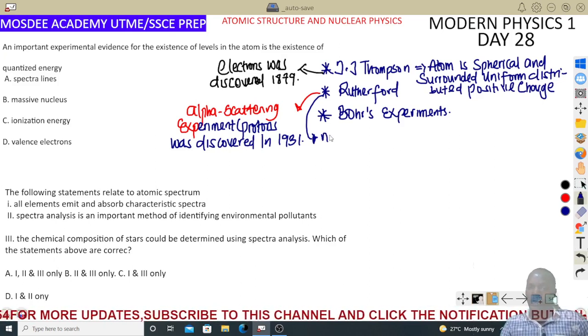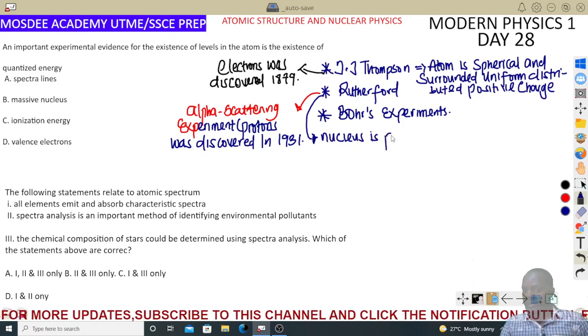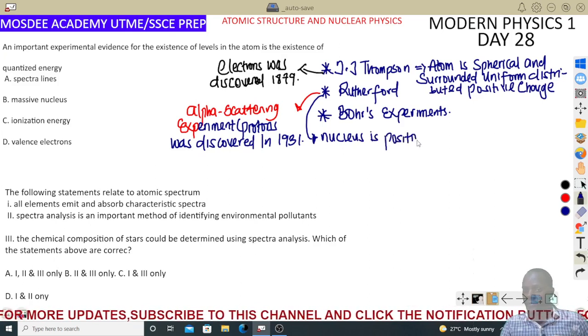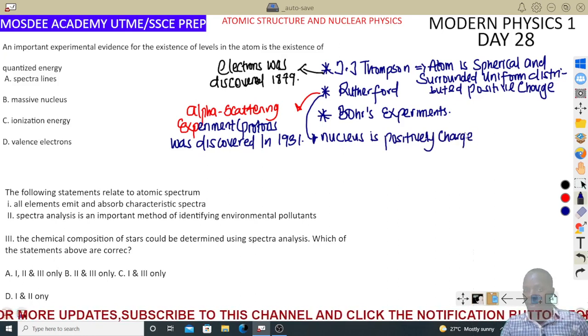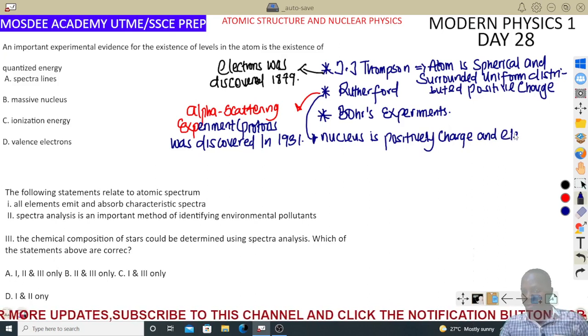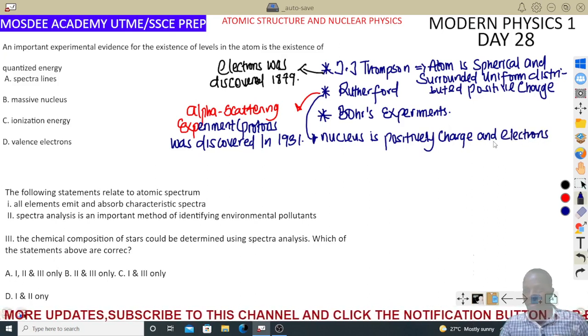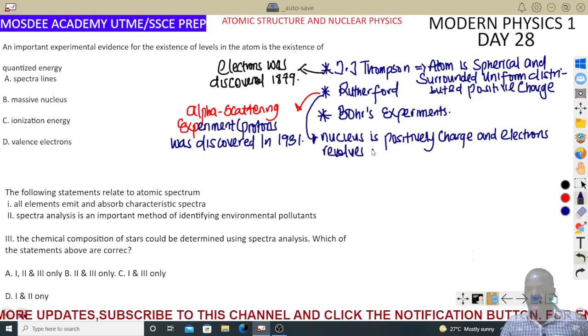So he was able to discover that the nucleus is positively charged and electrons revolve around it.